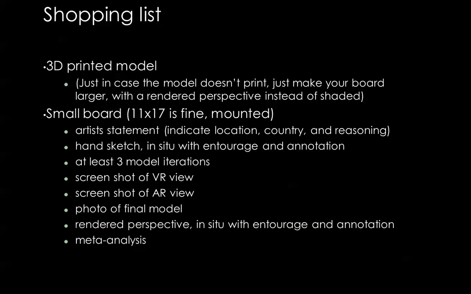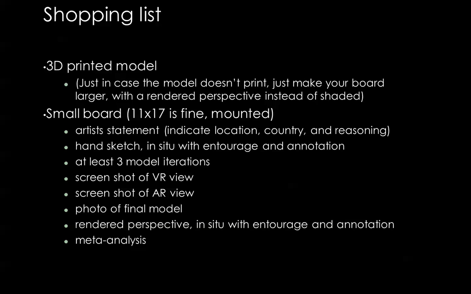Anyway, there's a whole shopping list on the syllabus that you're welcome to look at, and probably would be a good idea. The one piece that you're going to be missing is the 3D printed model. And this can be a small board, and there's a number of pieces which we've talked about, and of course, hopefully you have already done your hand sketch where you expect the design to be with entourage and annotation.